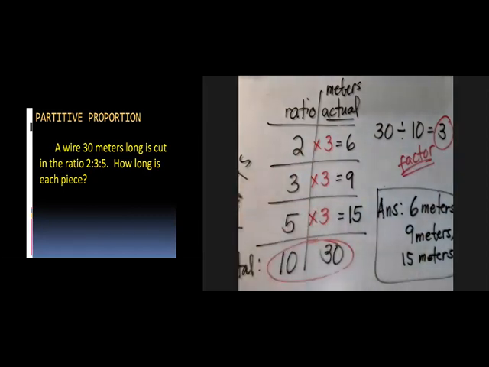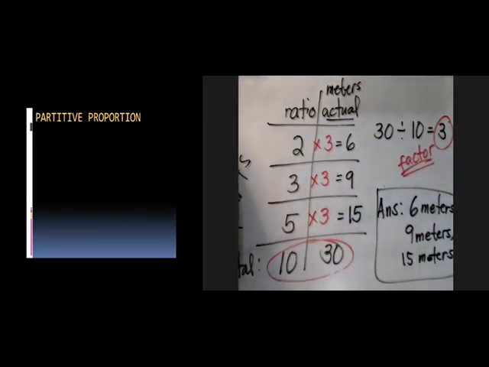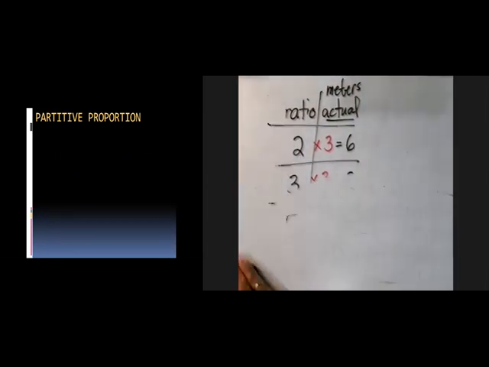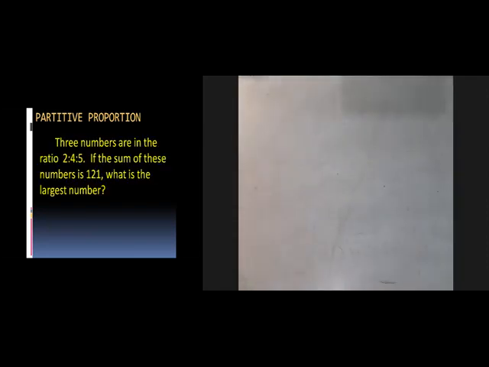Okay, let's move on to our second problem. Erase natin to. Okay, our second problem says, 3 numbers are in the ratio 2 is to 4 is to 5. If the sum of these numbers is 121, what is the largest number?